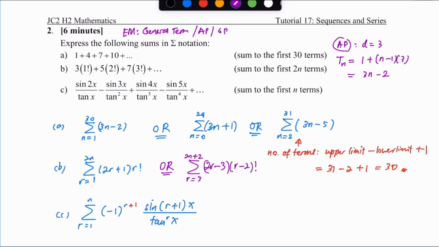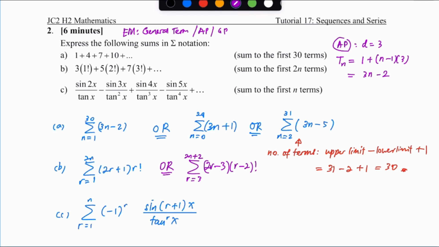The problem is, this one has alternating signs. If you're not sure what to put, I recommend you start off with negative 1 power r first. Then you test: when r equals 1, this is negative. However, the expression over there is positive, so you need to make some change.